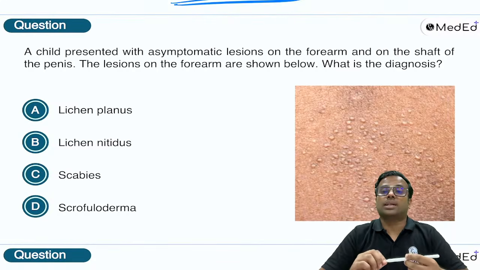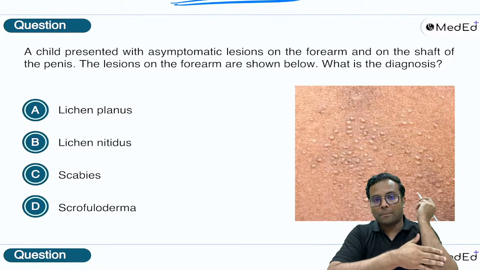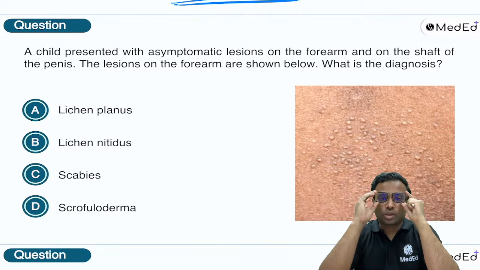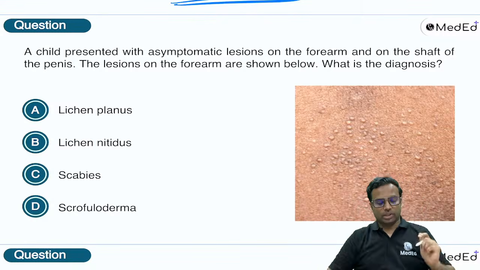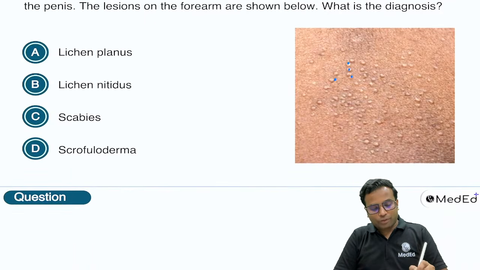A child presented with asymptomatic lesions on the forearm and on the shaft of the penis. The lesions on the forearm are shown below. So this is a lesion in the forearm. There are a lot of skin colored papules over the forearm.